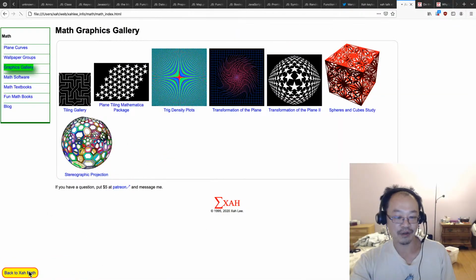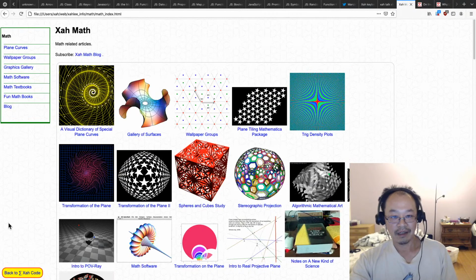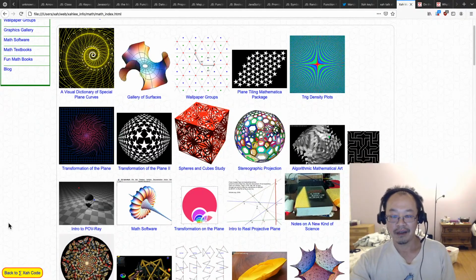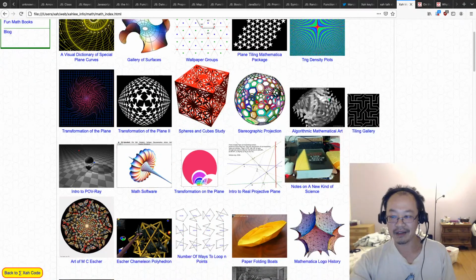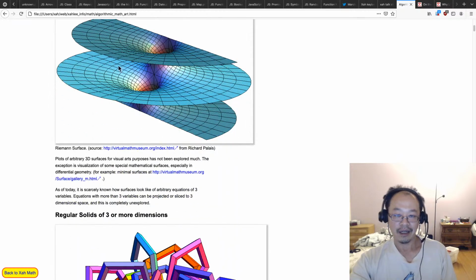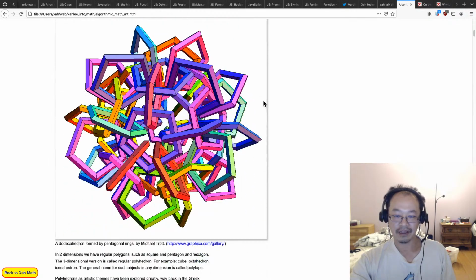Okay, let me show you where to go. You go to XR Math, you'll find this page. Then there are some spectacular things here. That's a plot. This is what I call the Borg cube, and this is actually a plot of an equation involving sine and cosine. This is a minimal surface.